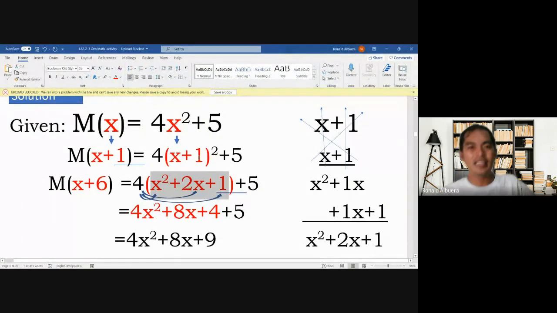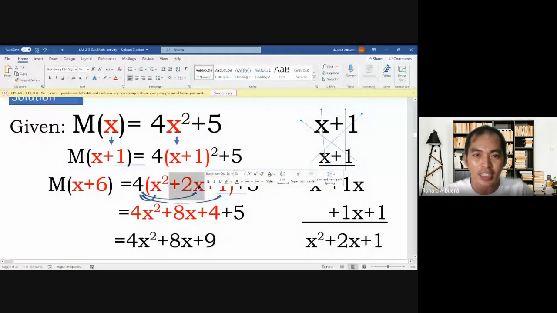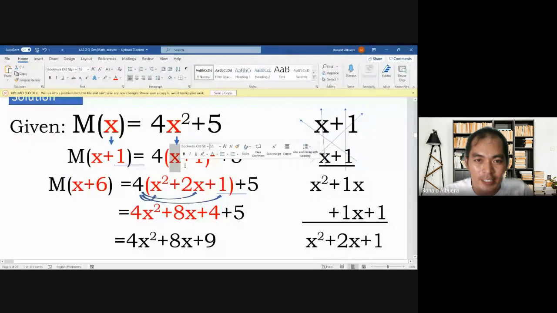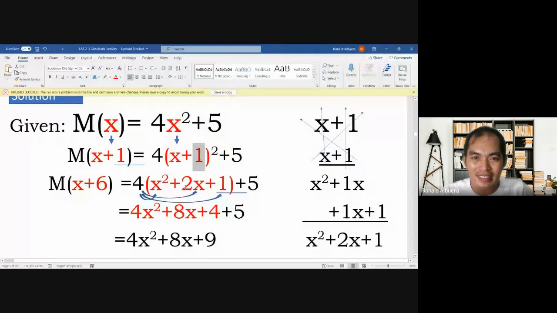Okay. Ang shortcut ng square of a binomial, you just multiply the first term to itself. X times x, we have x squared. When we multiply to itself, just add the exponent sa sarili niyang exponent. The exponent, pag walang exponent is 1. 1 plus 1 is 2. And then the middle term is twice of the product of the first term and the second term. Pero ang ginagawa ko, instead of twice, minumultiply.